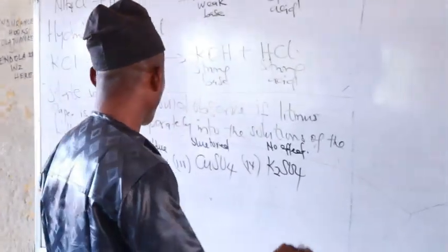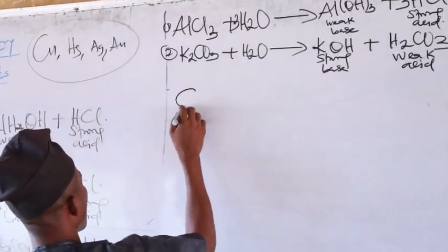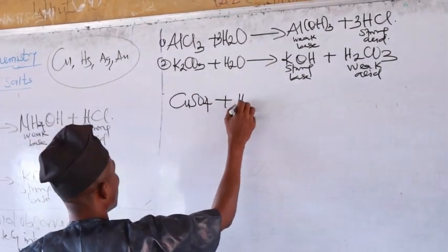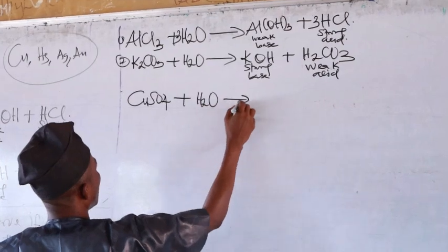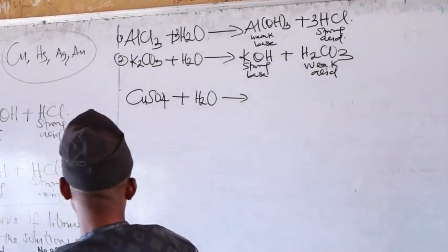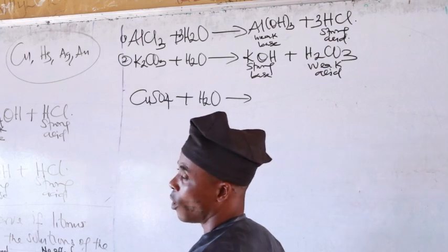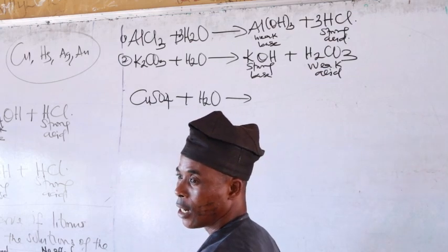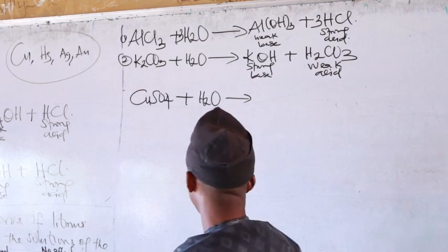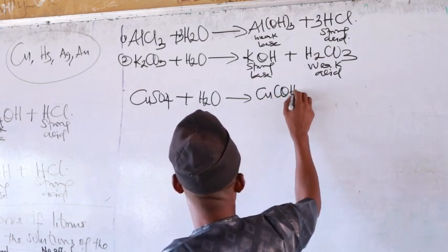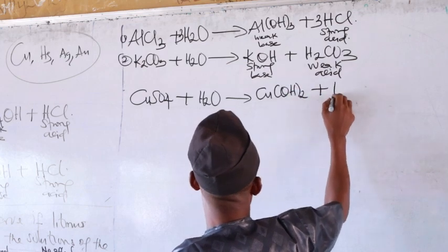Move on to the next one. Let's look at the hydrolysis of copper 2 tetraoxosulfate 6. Now when copper tetraoxosulfate 6 reacts with water, what will be the product? Copper hydroxide plus what?